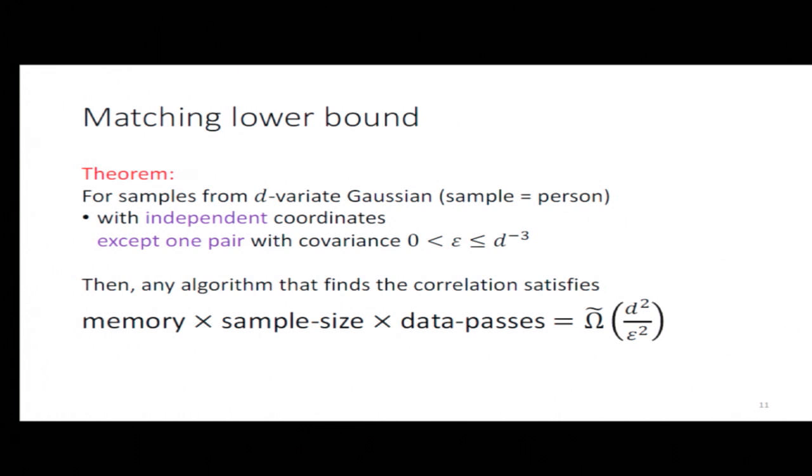Then any algorithm which finds the correlated pair requires an amount of memory times sample size times data passes to be at least the number of features squared over epsilon squared. Now, indeed, the requirement for epsilon is very strict. Epsilon has to be small. But we still think it's interesting because most algorithms work for any value of epsilon. And also, we hope that this requirement can be relieved a little bit.